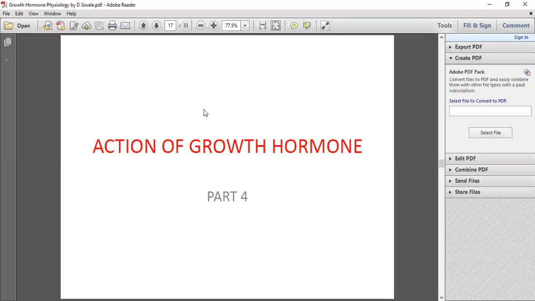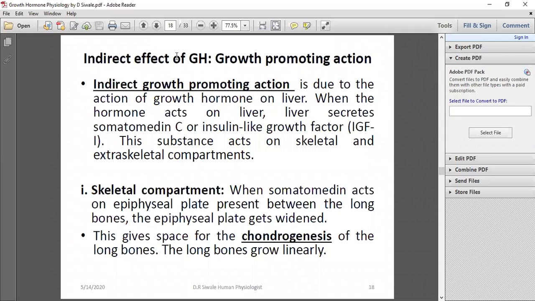Action of growth hormone. What does it do in the body? Although I mentioned, it can be grouped into two actions. There is an indirect effect of growth hormone, and there's also a direct effect. Under indirect effect, this is very important, first of all, growth hormone has to interact with the cells in the liver.